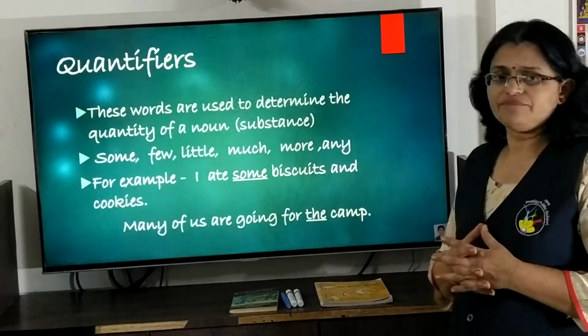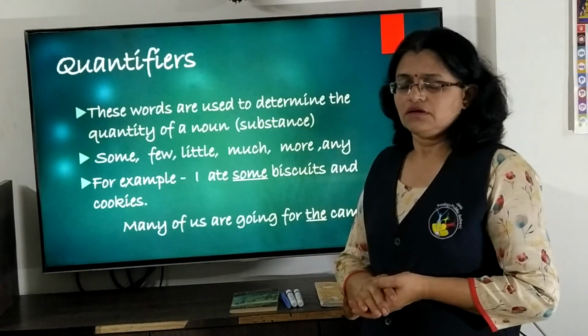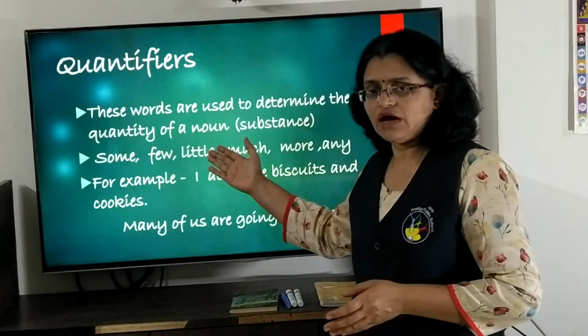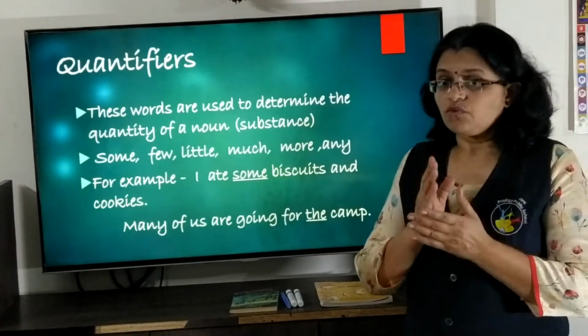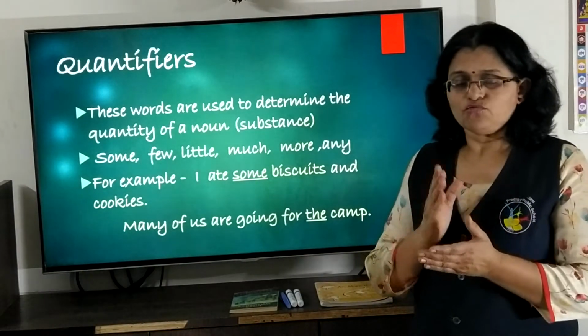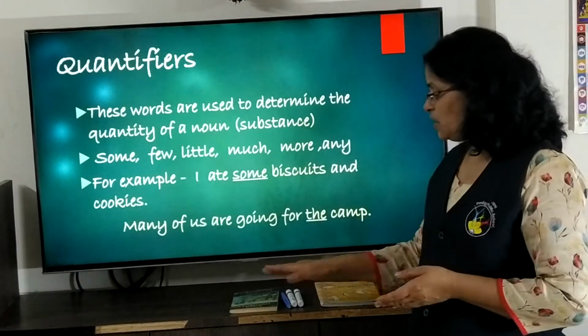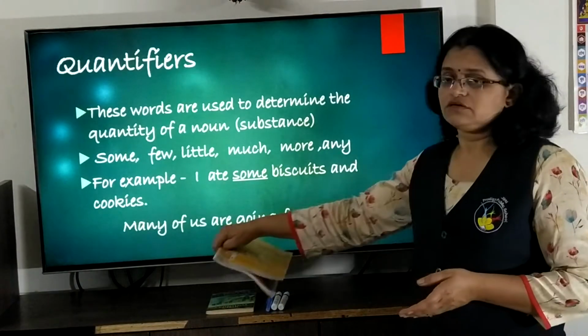Last type of determiner is quantifiers. Quantifiers, as you know, determine the quantity of a noun or any substance. Numbers like 1 to 7 are used as determiners. For example, 1 book, 3 pens, 2 books.